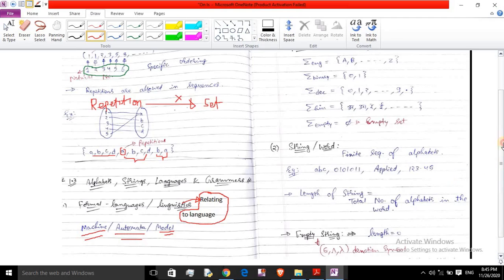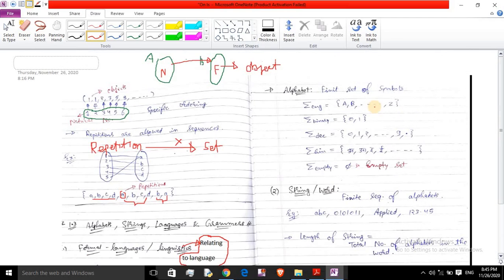In this subject, theory of computation, there is a concept called an alphabet. What is an alphabet? An alphabet is a finite set of symbols. Symbols can be anything. Just look at the examples. We denote the alphabet by the symbol sigma.